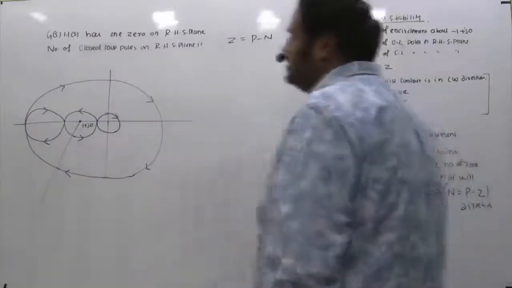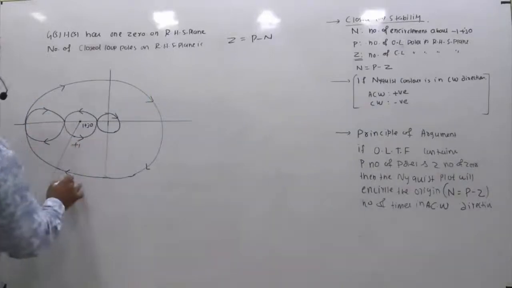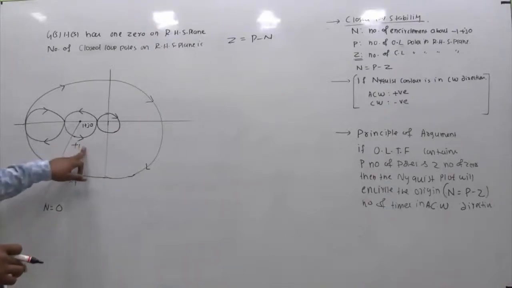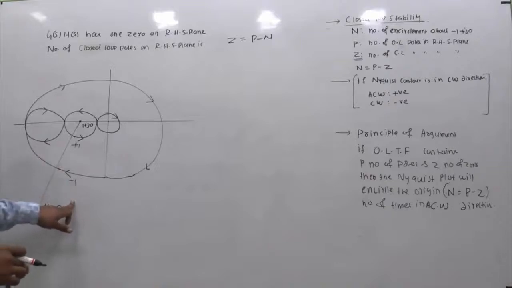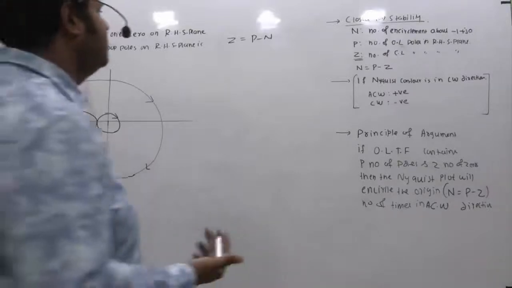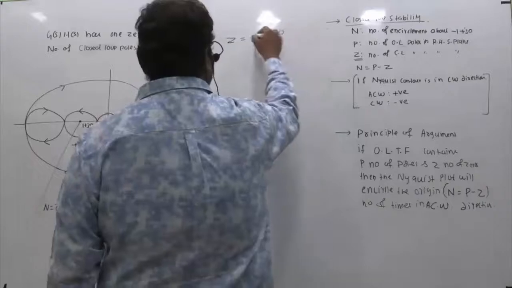So for anti-clockwise I count plus 1, and for clockwise I count minus 1, so the net encirclement is 0. If it had been plus 2 and minus 1, I would have written 1. If it had been 100 and 70, I would have written 30. Because it is plus 1 and minus 1, the net encirclement is 0. So I already know the value of N, which is 0. Then I just have to find P.